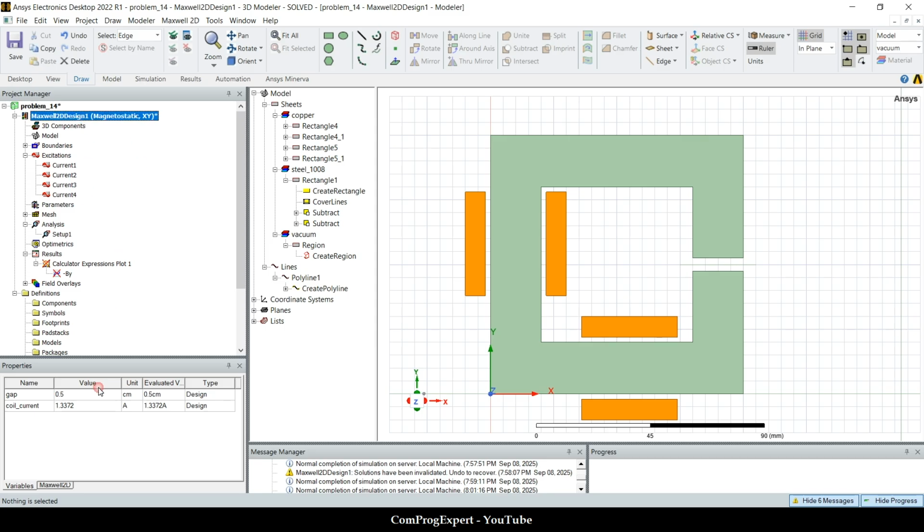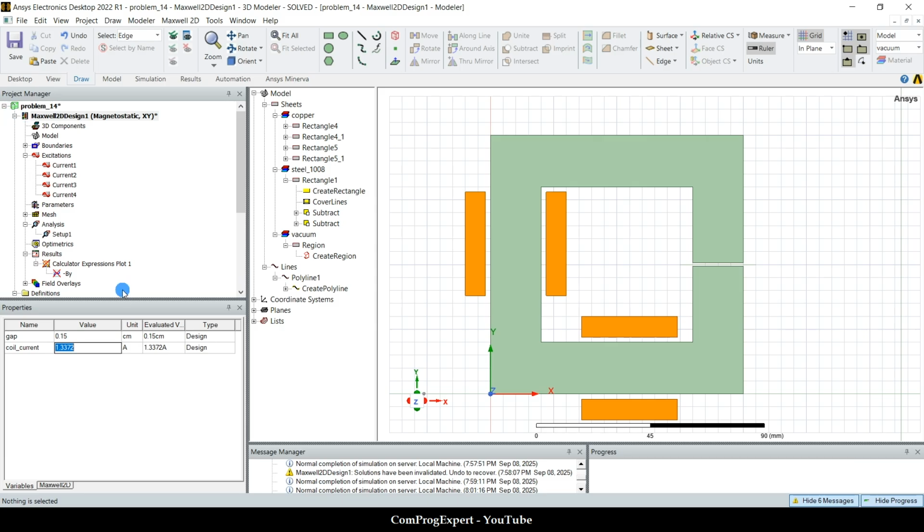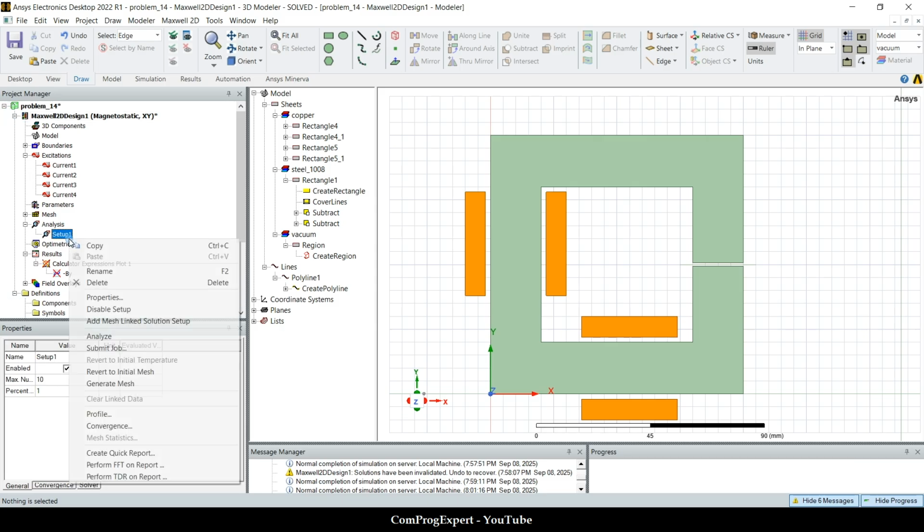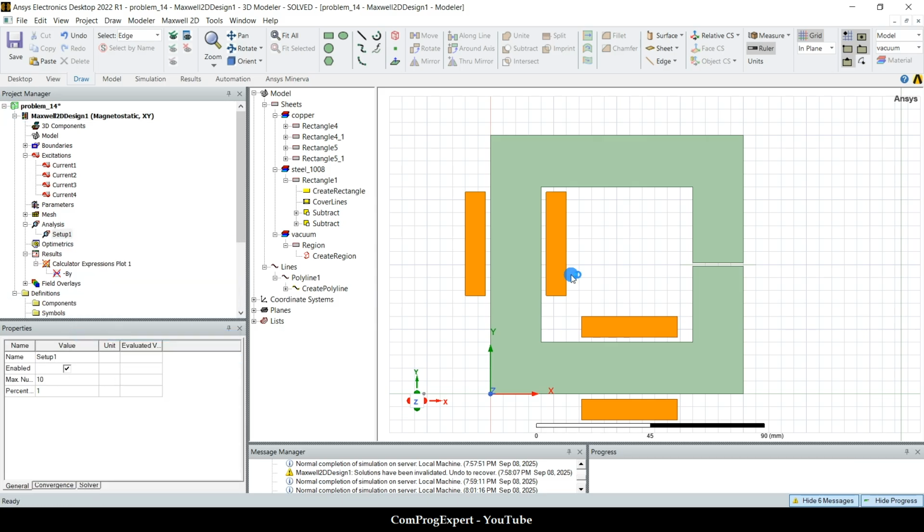Okay, the value of the air gap, we can modify it thanks to the powerful parametric environment of the ANSYS Maxwell. Yes, we can perform these analysis types.